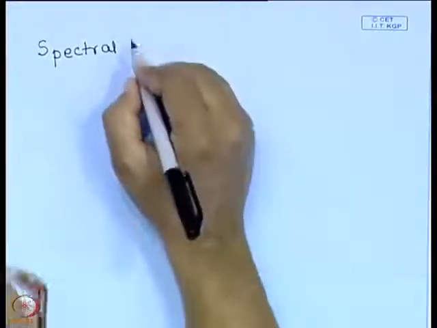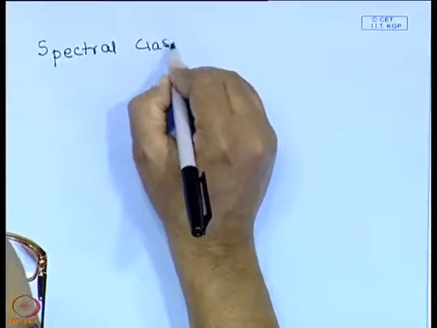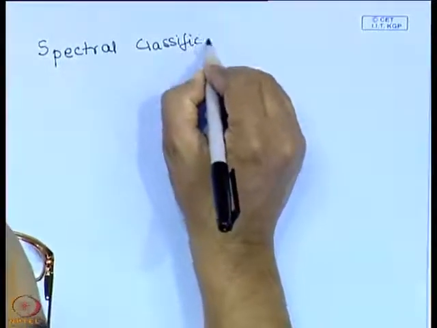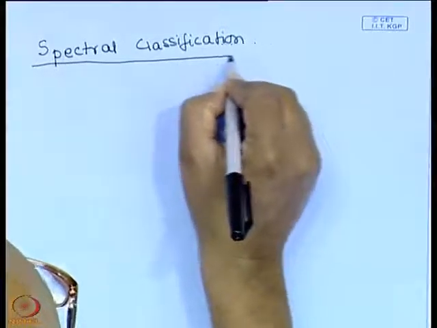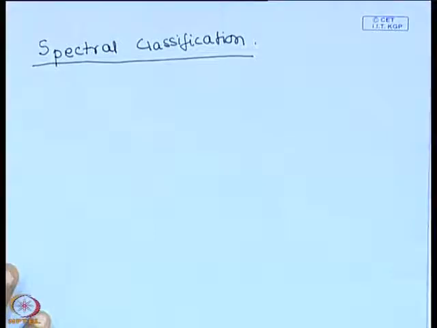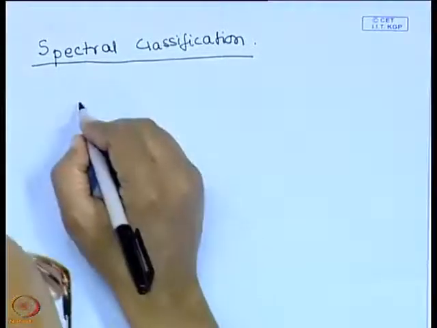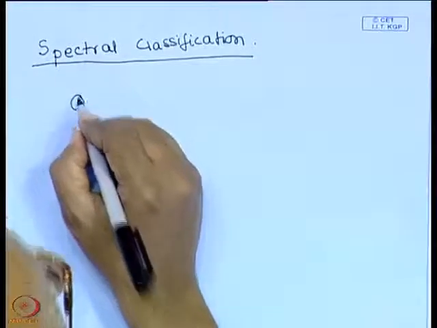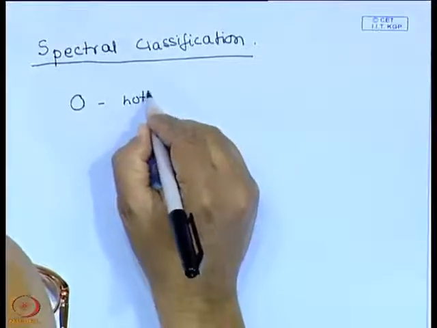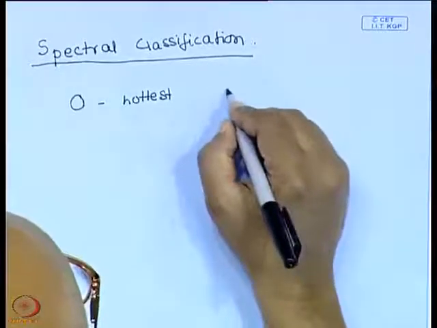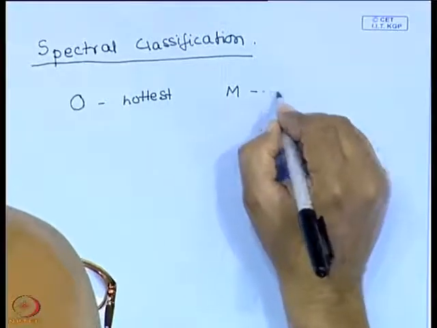This is called spectral classification. So, the spectrum is a direct indication of the temperature, and the hottest star is classified as O. The O stars are the hottest, and the M stars are the coolest.